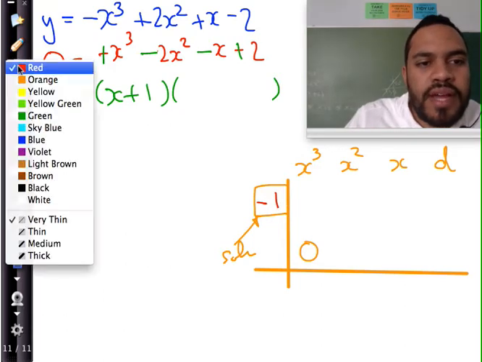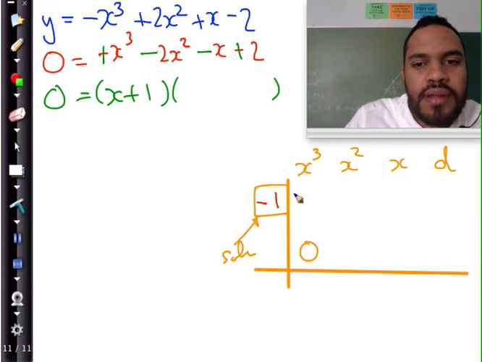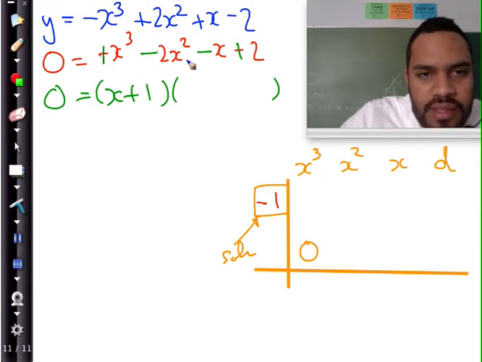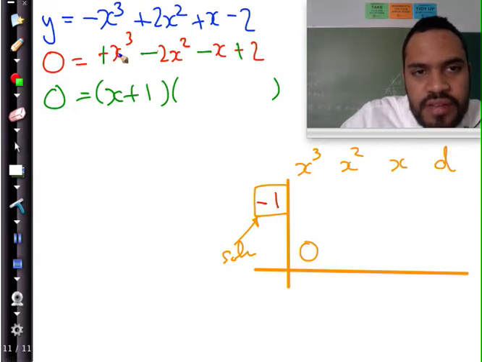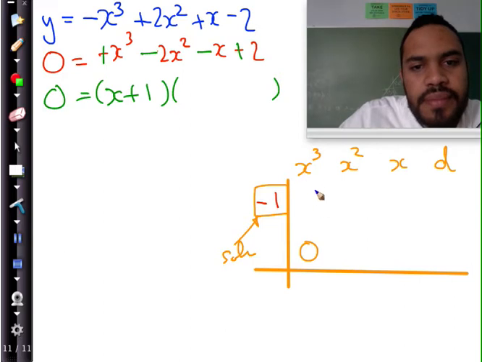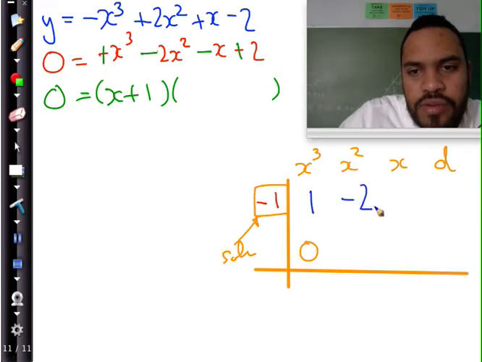Okay, so now the coefficients of x cubed, I'm going to work with the second version, or you can use the first version, doesn't really matter. And then this is going to be 1, minus 2, minus 1, and positive 2.